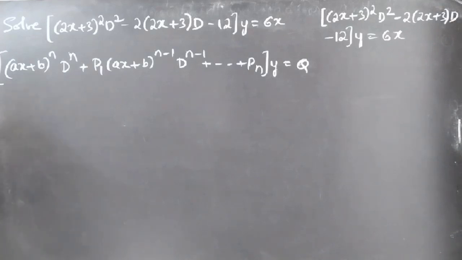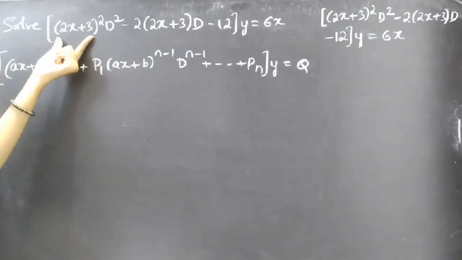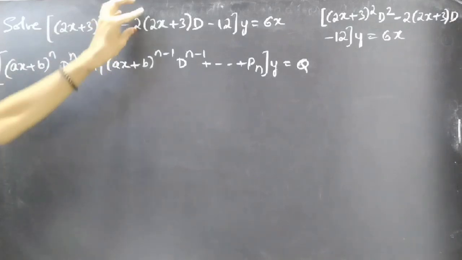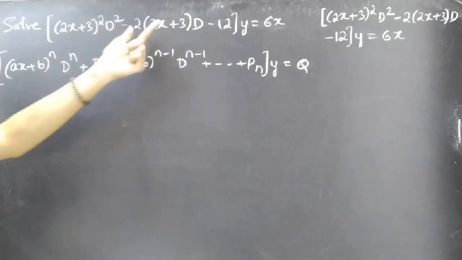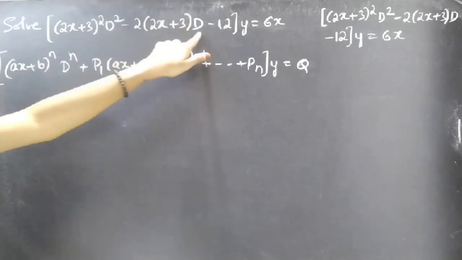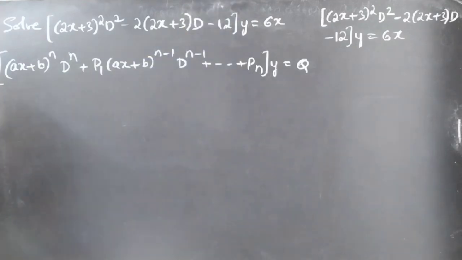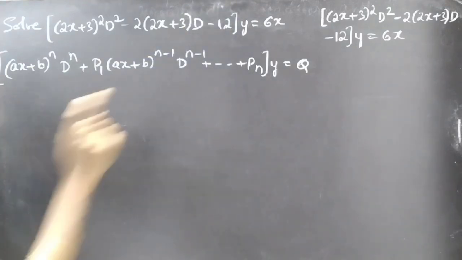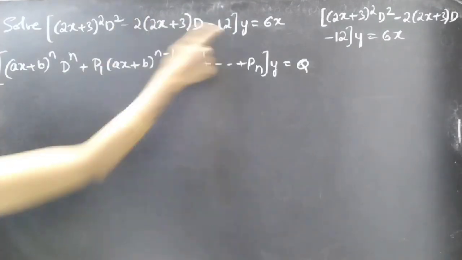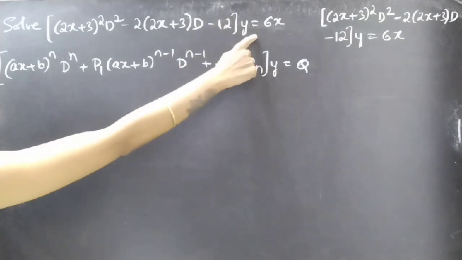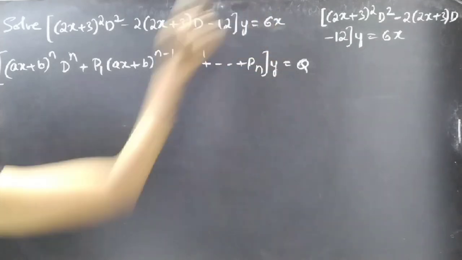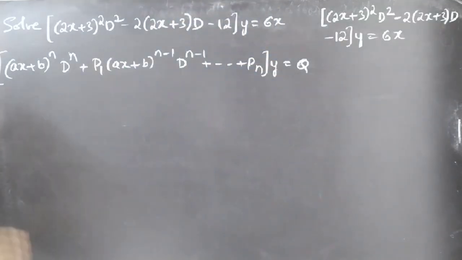The given differential equation is of the form (ax + b)² d² + p1 (ax + b) d + p2 y = some function of x, which is the Legendre's equation.